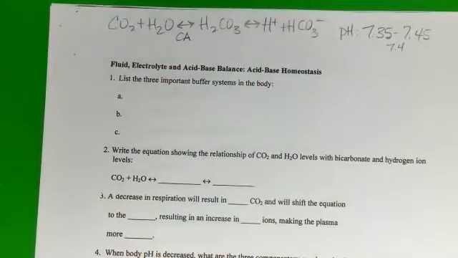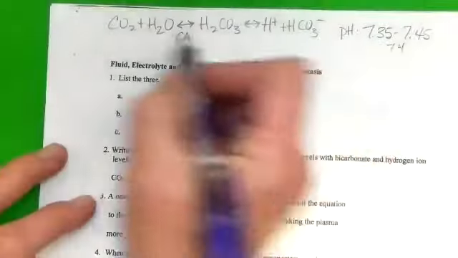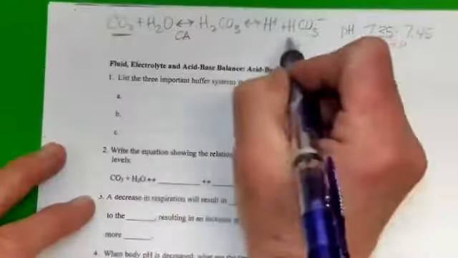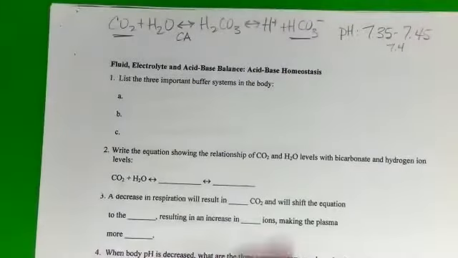Okay, so this is the basis of everything that we're going to do, this reaction right here. And so there are some other values that we need to keep within homeostatic range besides pH, because they're going to affect pH. So those are these two things right here. So CO2 levels and bicarbonate levels.